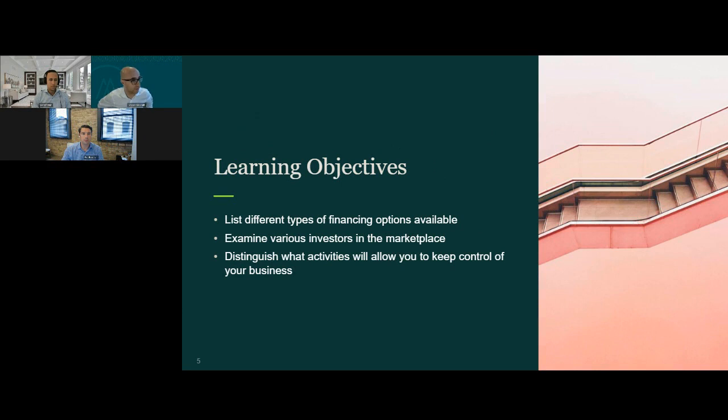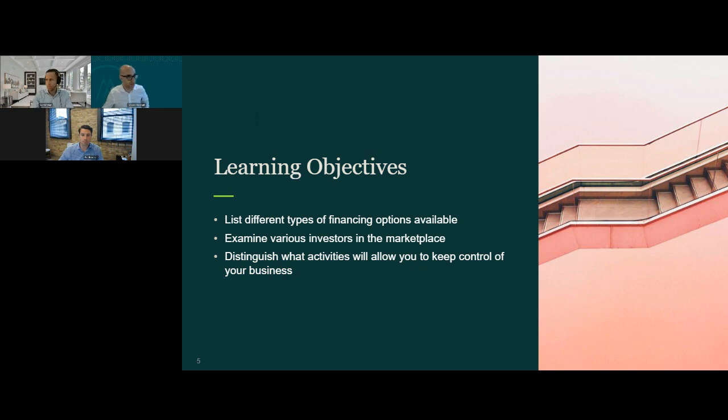Hopefully throughout the discussion, we can achieve certain objectives by listing some of the different types of financing options that could be available for parties to do a deal. Also, examine some of the various investors in the marketplace and distinguish the activities that allow you to keep control of your operations.